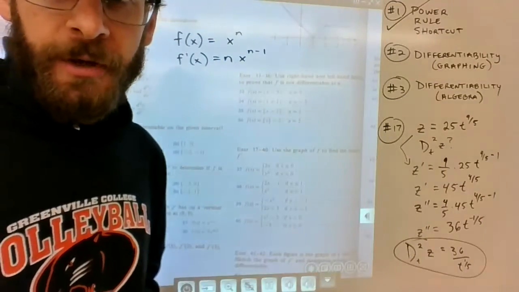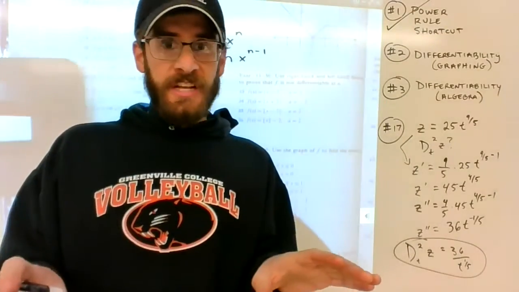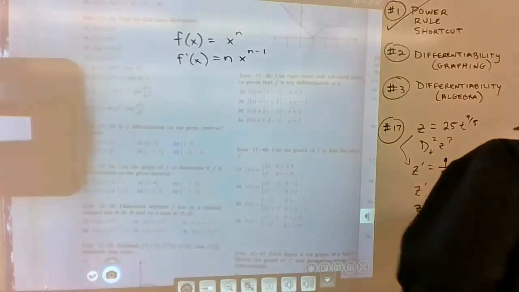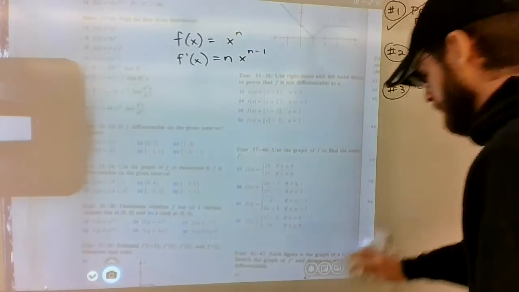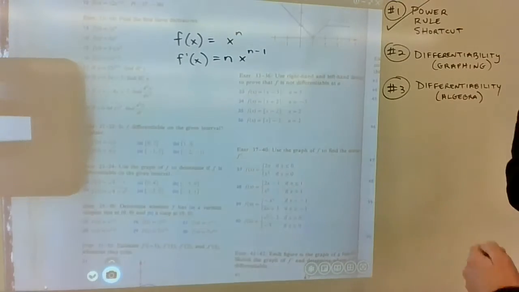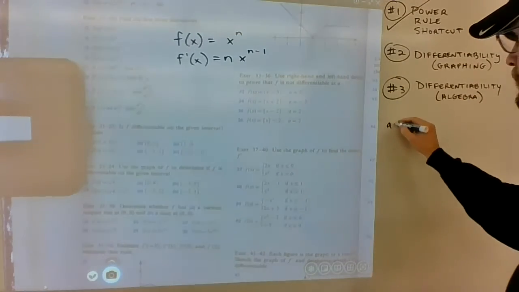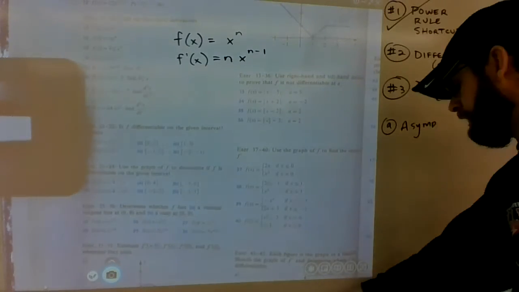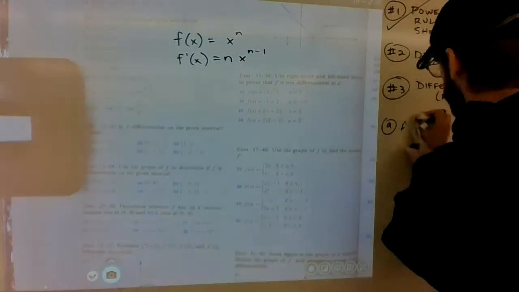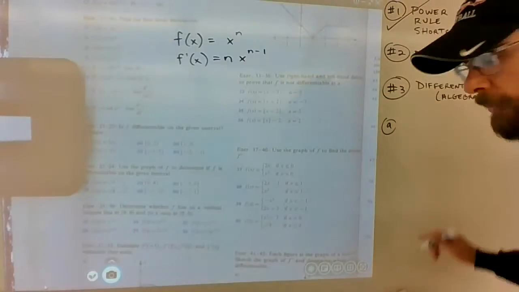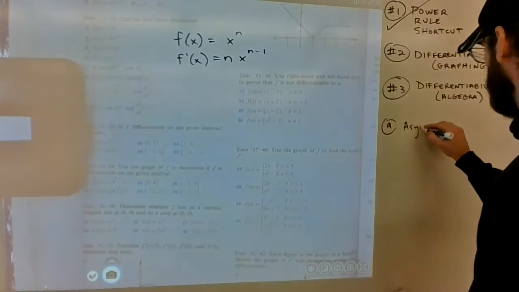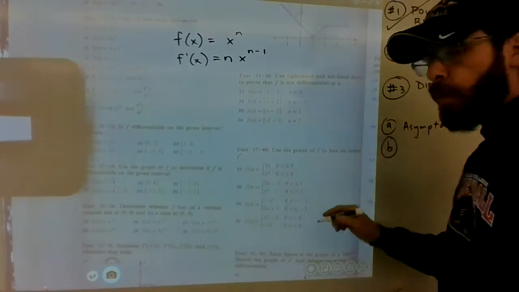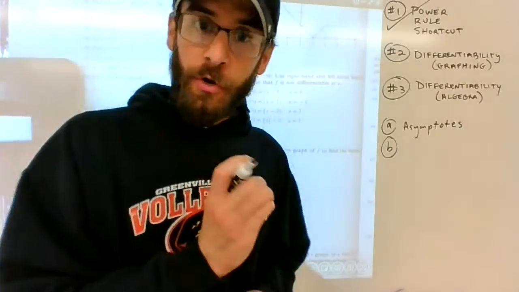Let's talk differentiability with graphing. We went over this in class a few days ago. We talked about how asymptotes were trouble. We talked about how holes in the graph were trouble.